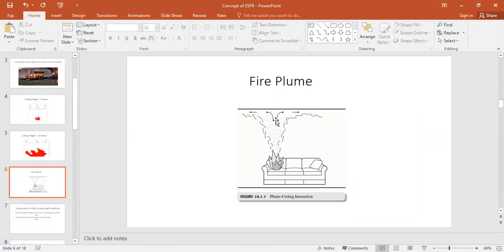Once it hits the ceiling, it will gradually increase on the ceiling from some depth. Our sprinklers are installed nearby the ceiling, so the thermal sensing element of our sprinkler will burst and water will be delivered. This is the concept of the sprinkler activation mechanism.